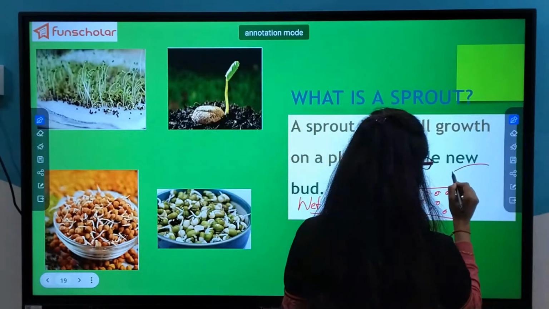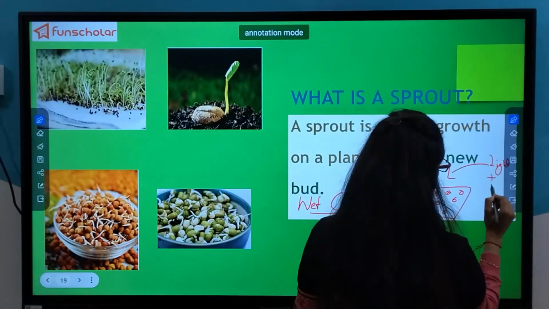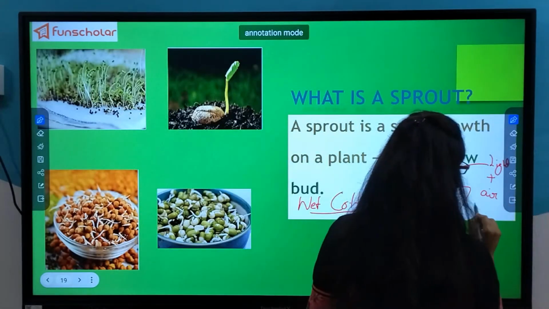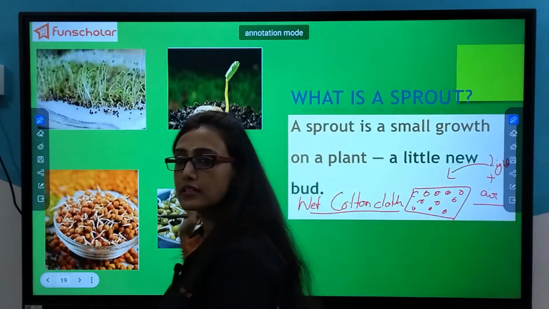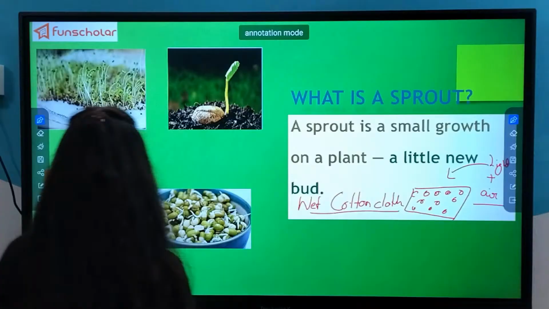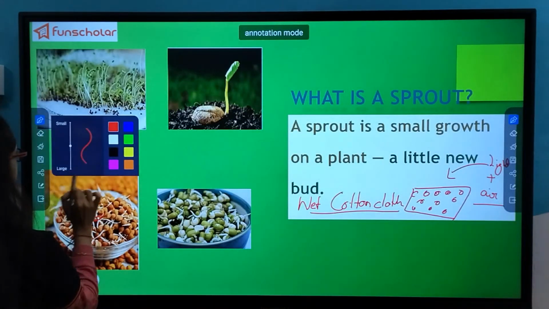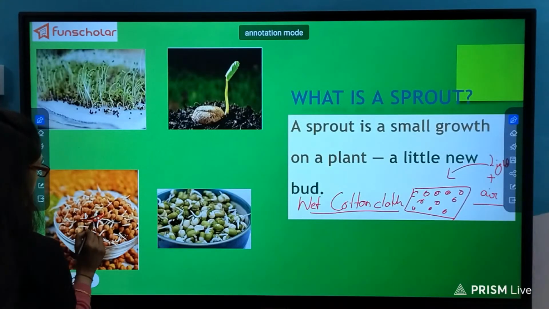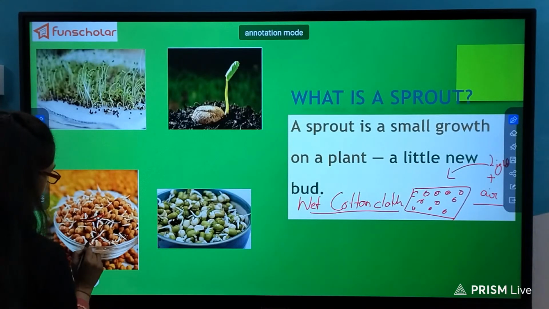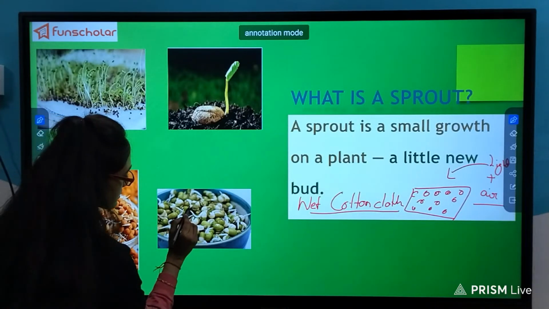And where will we keep it? We will keep it in the presence of light plus air. If we do this in the morning, by the evening or night time, you will see that roots are coming out from these seeds.